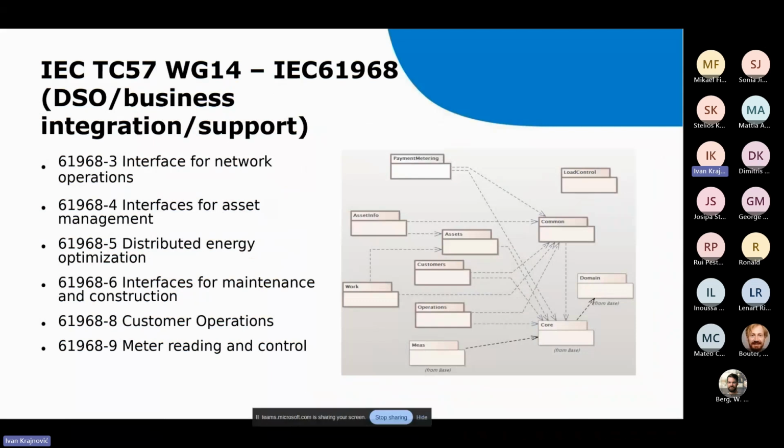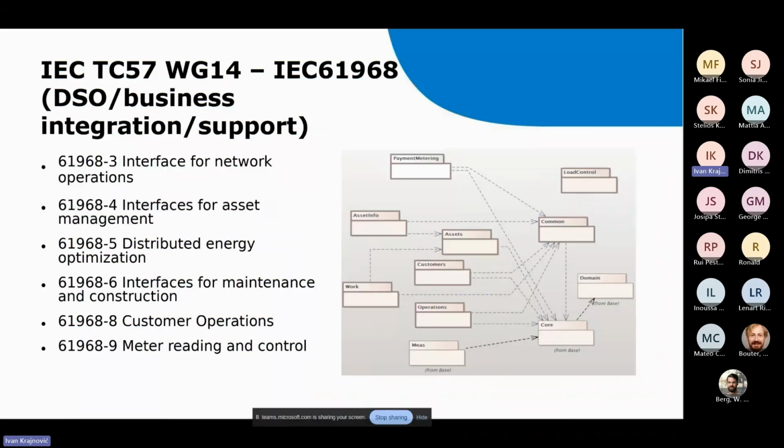Okay, and this is the distribution standard. We call it distribution standard, but it's more oriented towards business processes and integration of third-party applications, software systems, whatever. So you have the workforce management, asset management, distributed energy, because the distribution deals with a lot more entities.